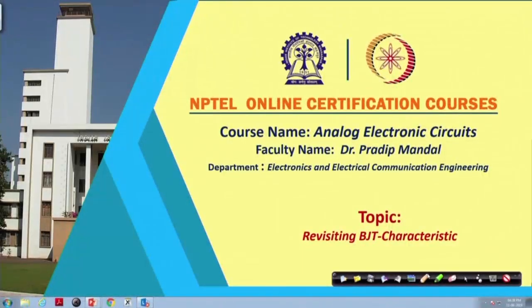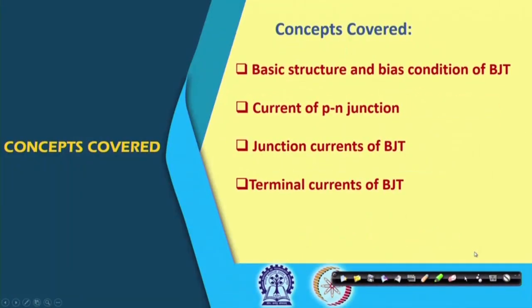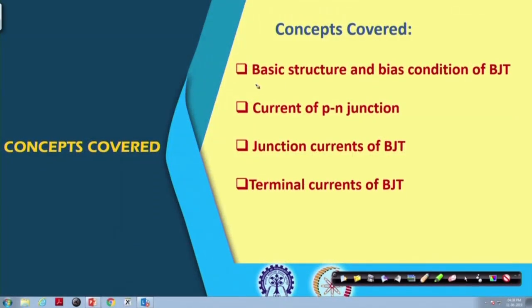So let's see the overall plan. Today's plan is to cover the basic structure of BJT and typically what bias conditions are followed for BJT, particularly in analog operation.